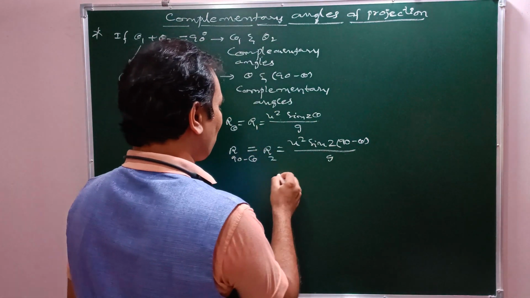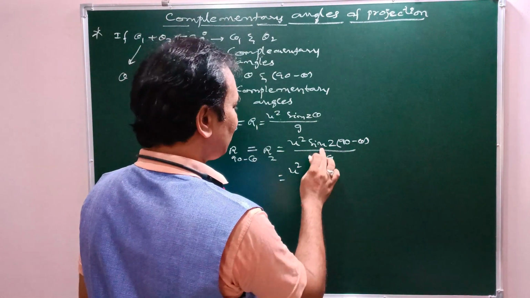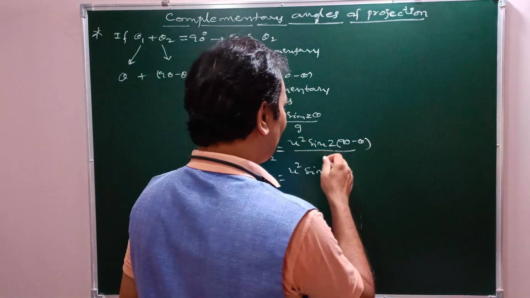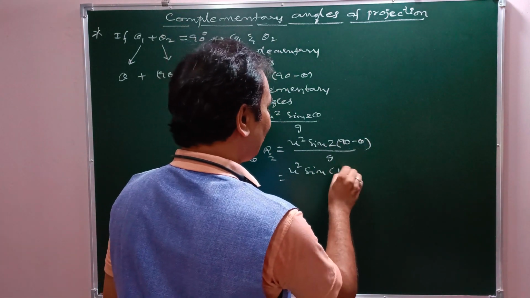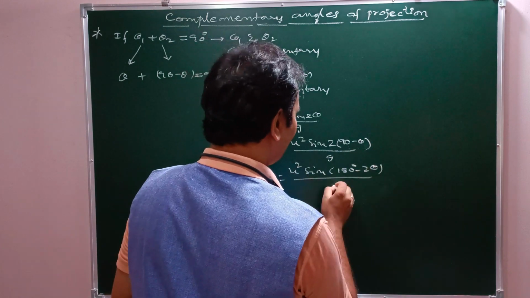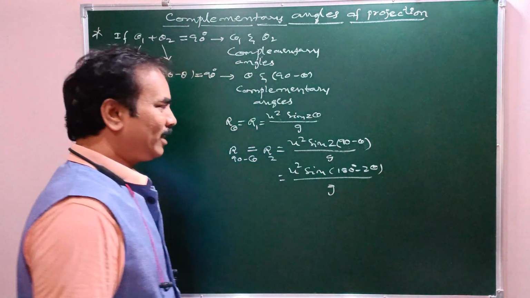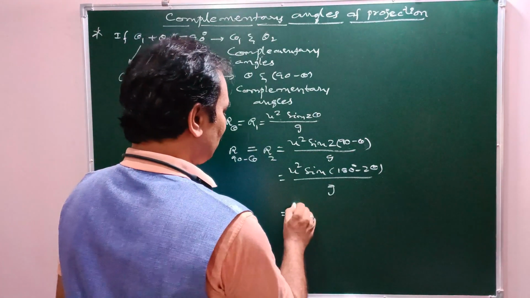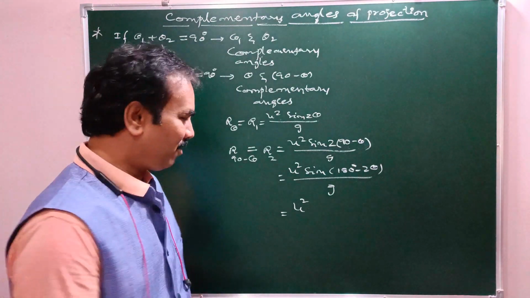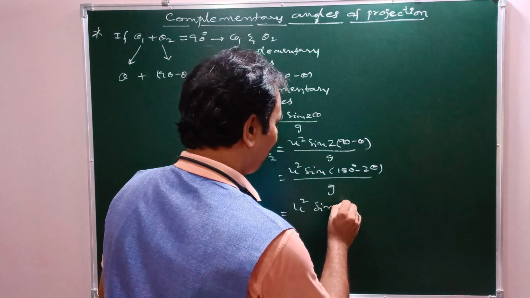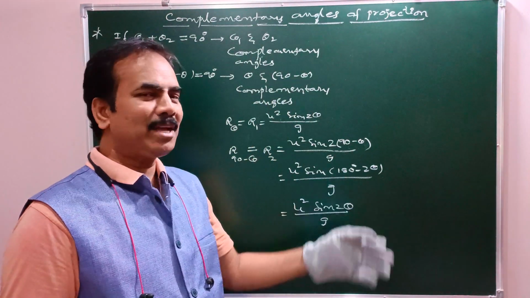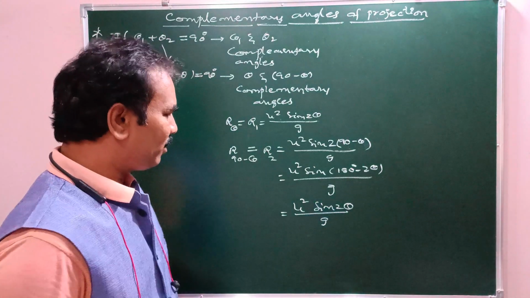That is equal to U square sine of 2 into 90 minus theta, that is 2 into 90, 180 minus 2 theta, by G. That is equal to U square sine 180 minus 2 theta by G. Sine of 180 minus 2 theta means again sine 2 theta.